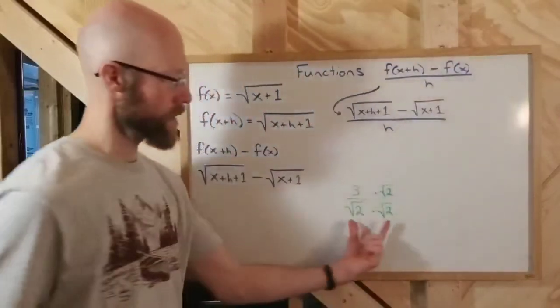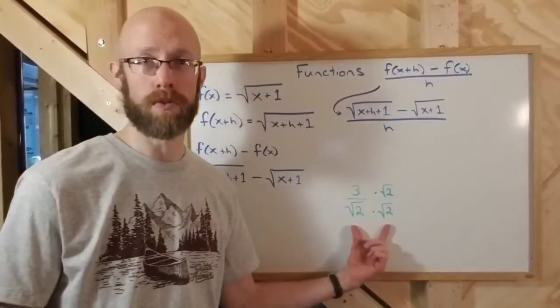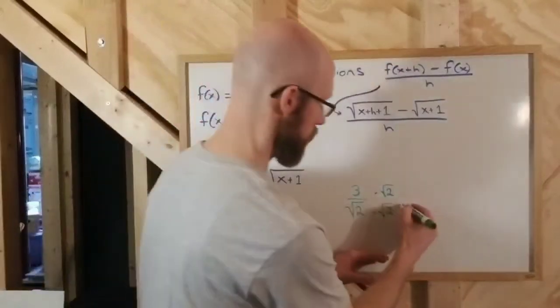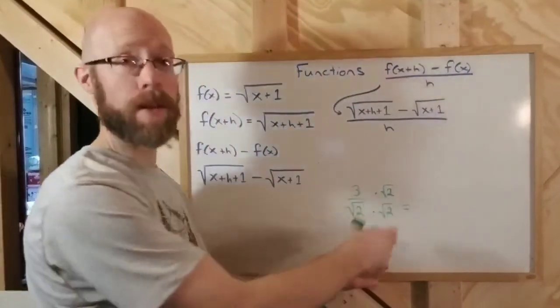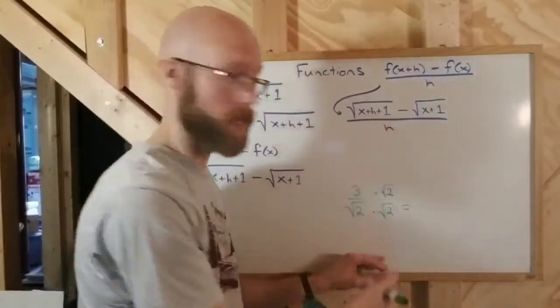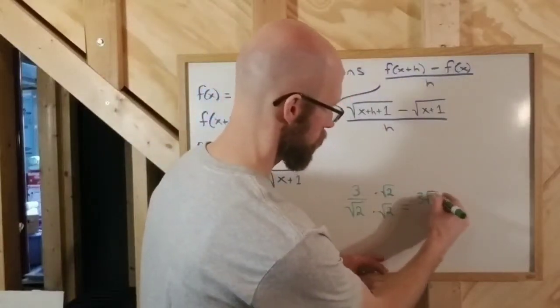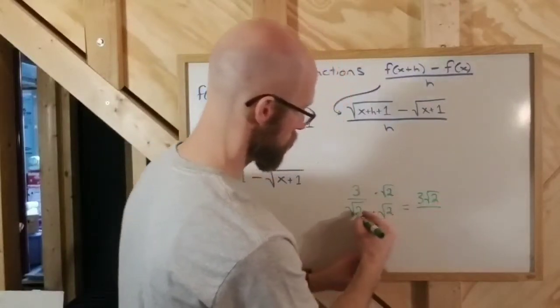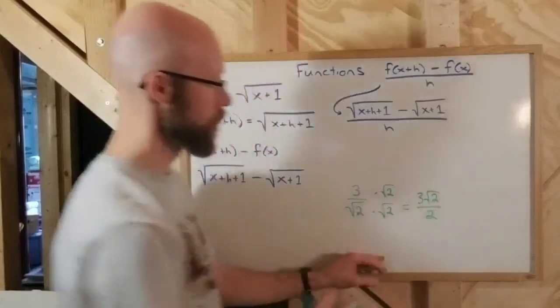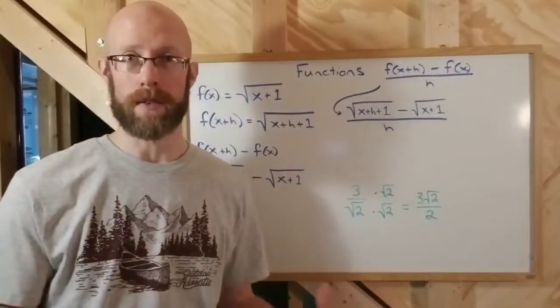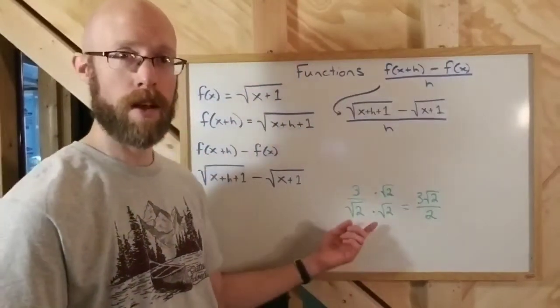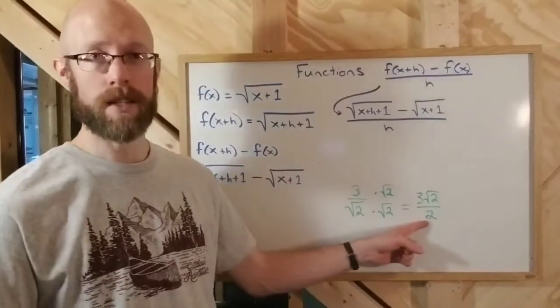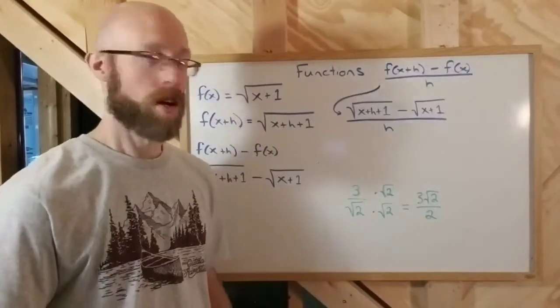What rationalizing does is it gets rid of the roots, at least on the bottom. It eliminates the root from the denominator and moves it to the top. So this becomes 3 root 2 over, well, root 2 times root 2 is 2. It's root 2 squared, and the root and the square cancel off. Okay, so we've rationalized the denominator.